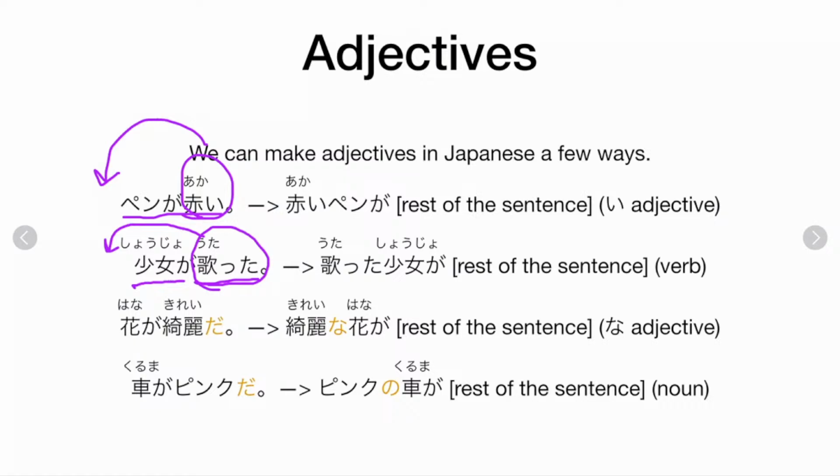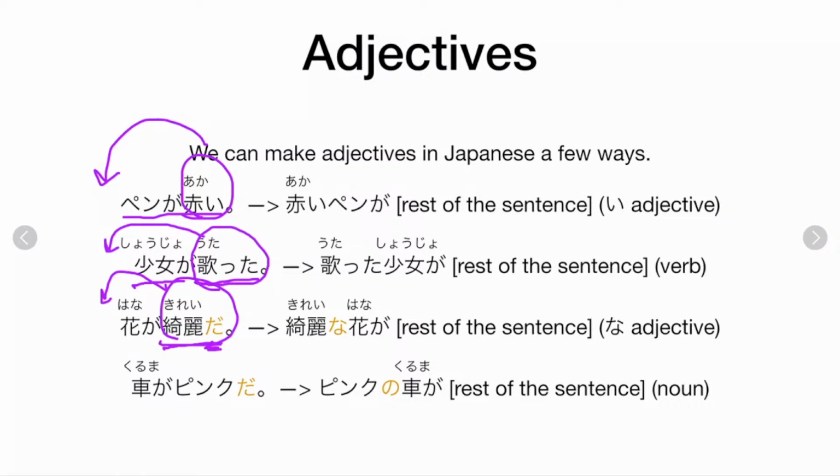If you have a noun, right, then the noun is going to be hana ga kirei da. So kirei is an adjective, so it's a noun. So it's a nominalized adjective. Then this da has to be present. So you take kirei da and you move it in front of hana.